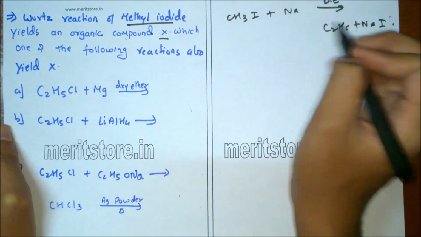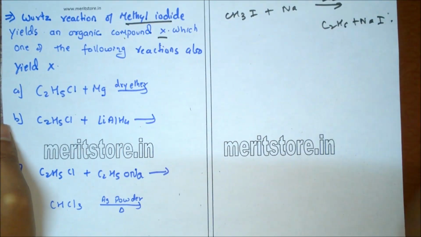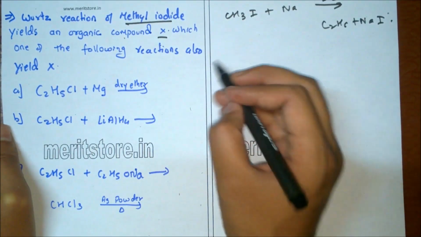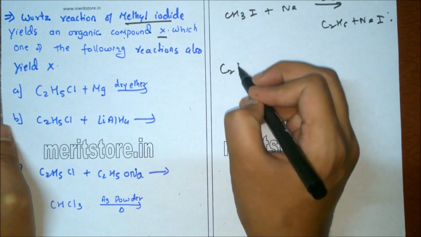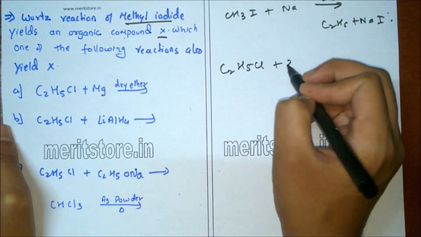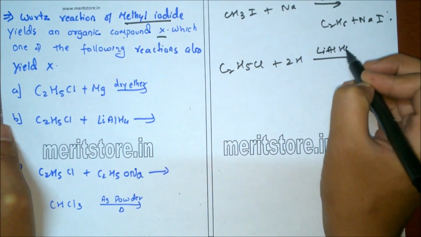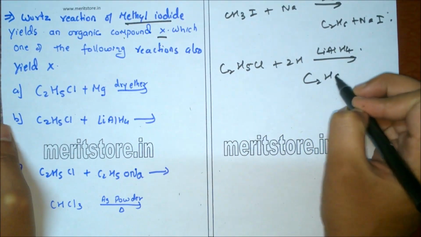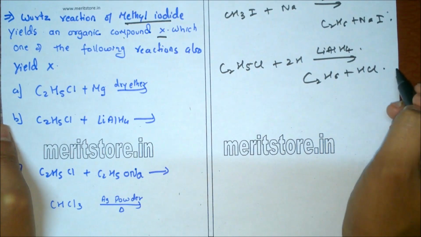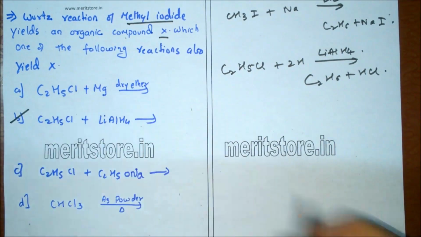This is not a balanced reaction. Similarly, ethyl chloride reduced with lithium aluminum hydride also gives ethane, that is the reaction of alkyl halide plus hydrogen in presence of lithium aluminum hydride will give ethane plus HCl. So option B is the correct answer.